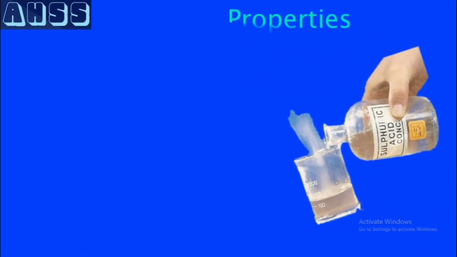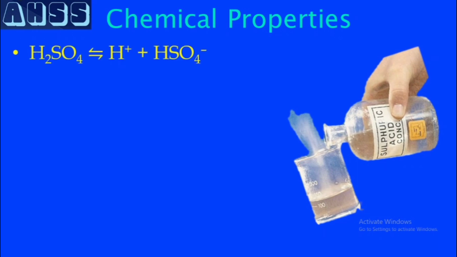Now let us discuss the chemical properties of sulfuric acid. Sulfuric acid dissociates in two steps. In fact, if you take 100% pure sulfuric acid, then the compound is not an acid as it does not ionize.